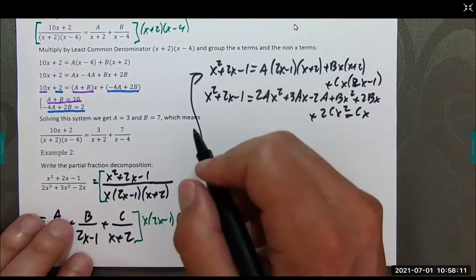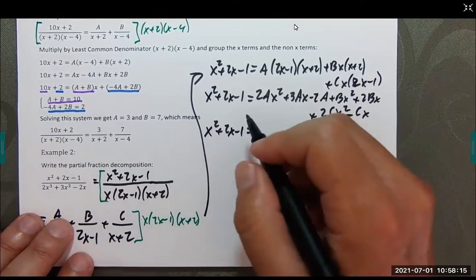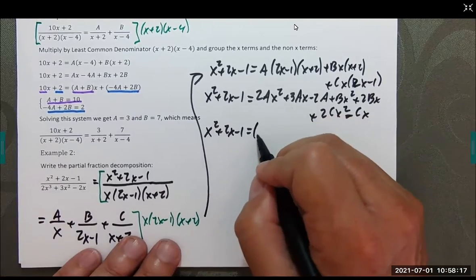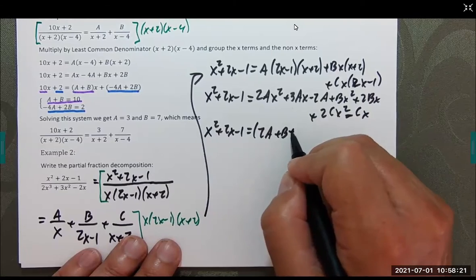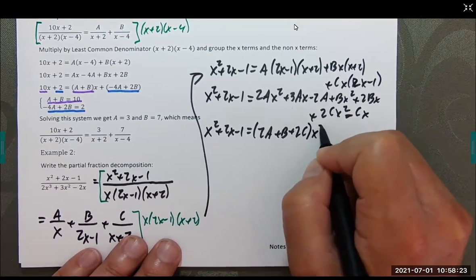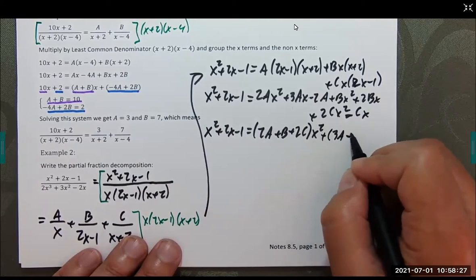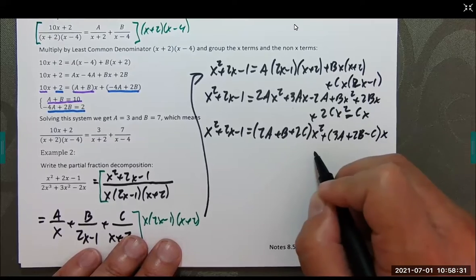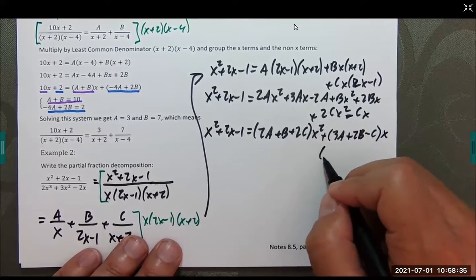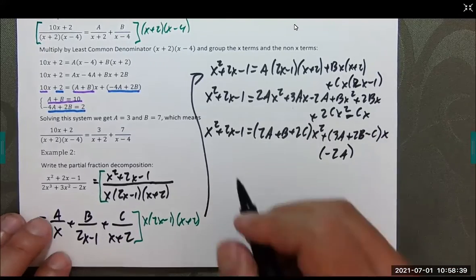And rearranging it, we get x squared plus 2x minus 1 equals ... minus 2a. And so we end up with this system here.